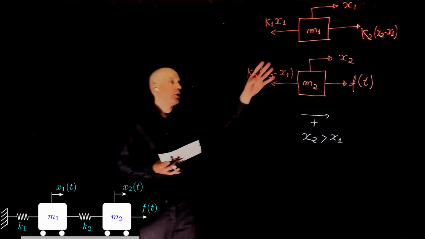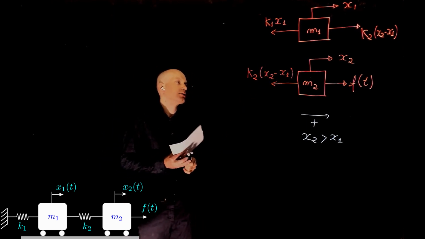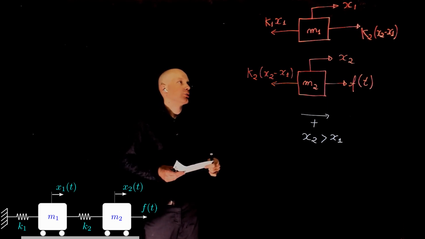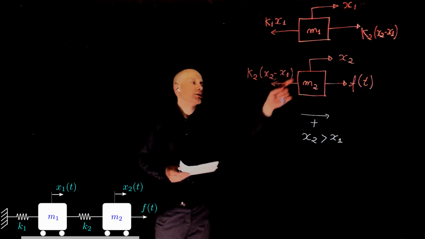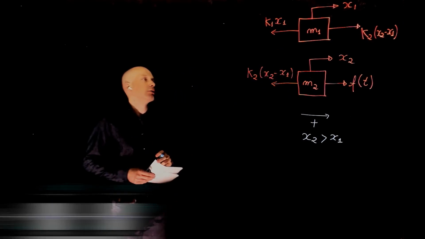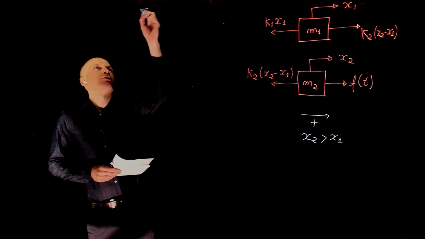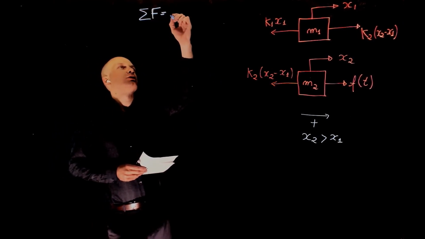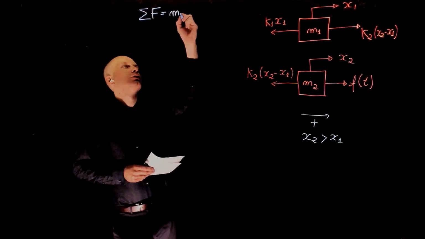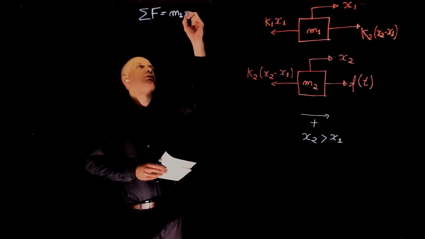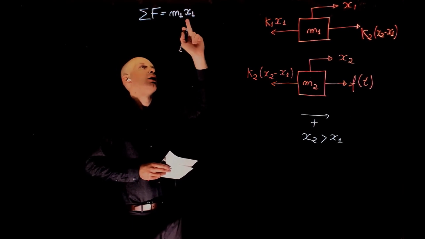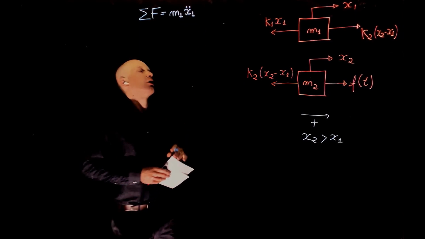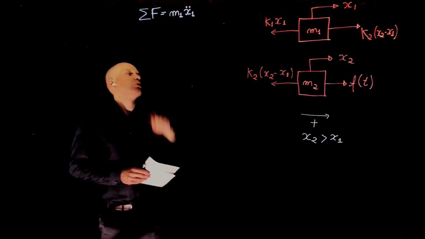Now that I have the free body diagram for both masses, we can go ahead and start writing the equation of motion for mass m1 and m2. Let's start with mass m1. We know that the sum of all forces acting on mass m1 results in an acceleration of mass m1. So m1 times the acceleration of mass m1, that is the second derivative of x1, so m1 x1 double dot.